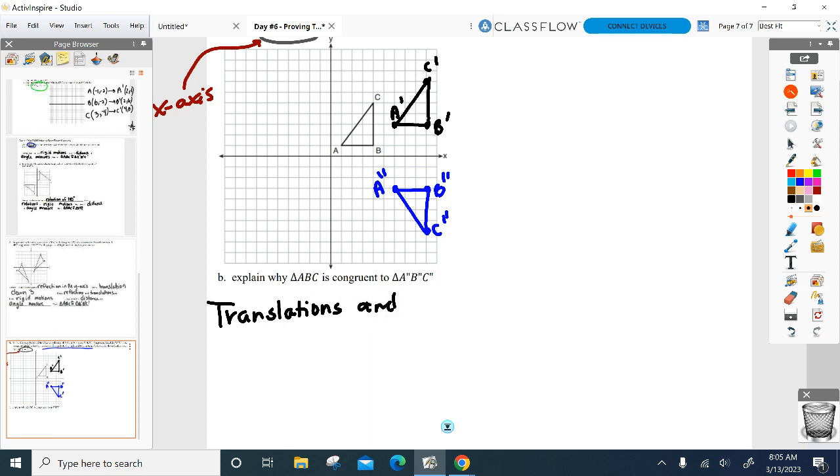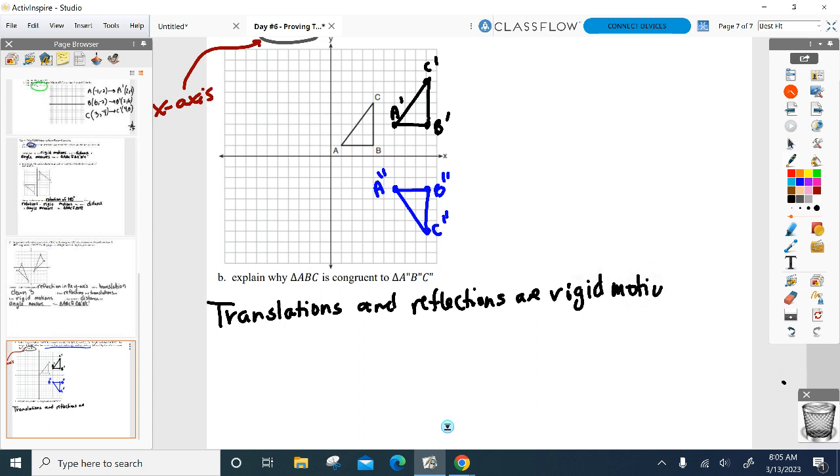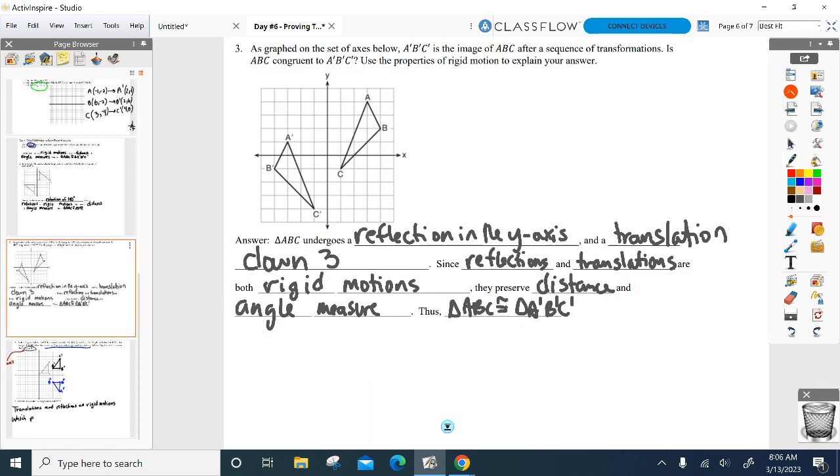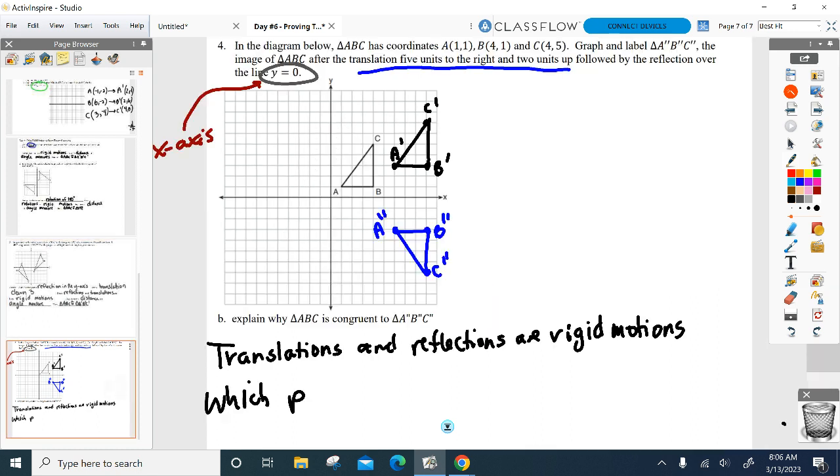So translations and reflections are, I'm just keeping to the same script we had the last 3 problems, rigid motions, which, the same thing every time, which preserve, oh boy, R-E or E-R? R-E. Which preserve distance and angle measure.